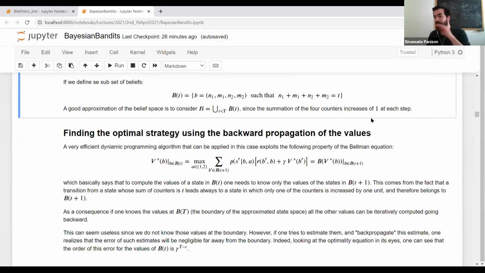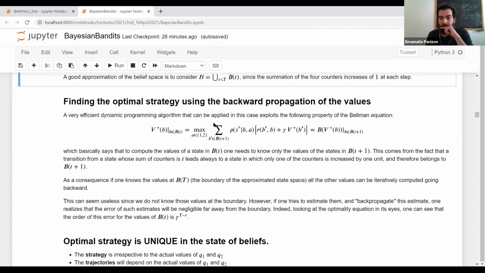So this is a general way to deal with systems in which you can clearly define an arrow of time, and you have an infinite-dimensional space, but you decide to put a cutoff. So we use the Bellman equation, as we know.